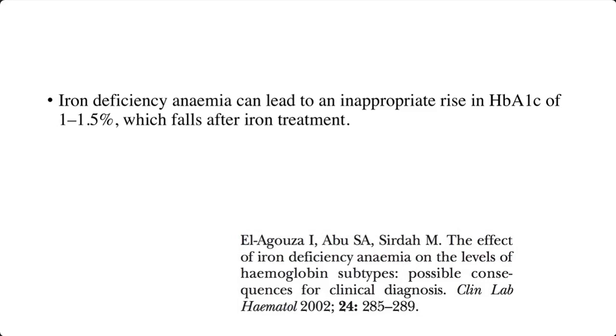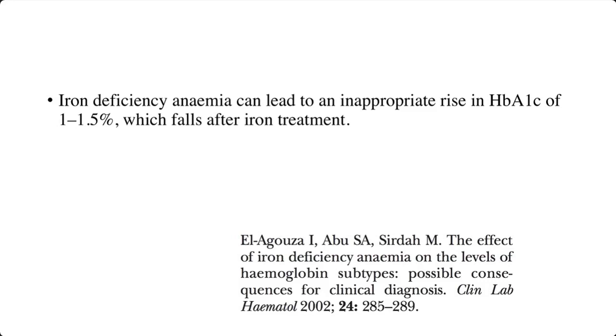That means if your patient has iron deficiency anemia or some other insufficiency, and there is no really clear definition of insufficiency, it can give a falsely high hemoglobin A1C by 1 to 1.5. So if the hemoglobin A1C is 6.5, it could be 5 or it could be 6.5, which means that it's either normal or the patient has diabetes.